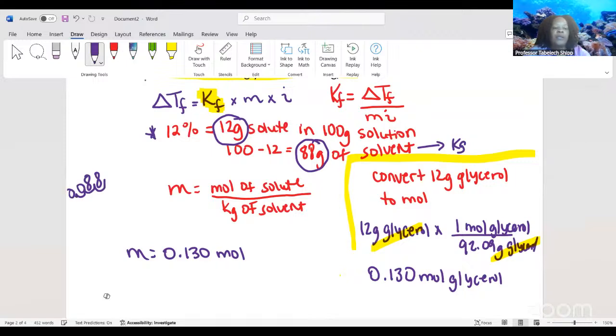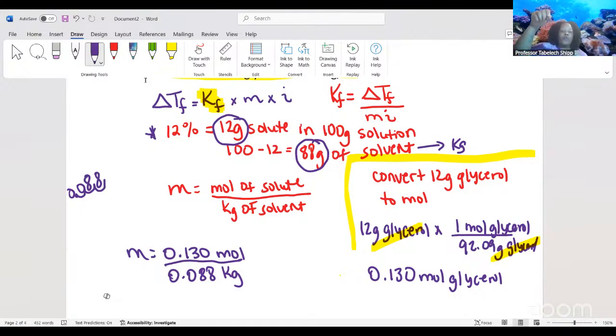So you get 0.088 kilograms. All right. So you're going to use that part right there as we go through and use our problem, okay?